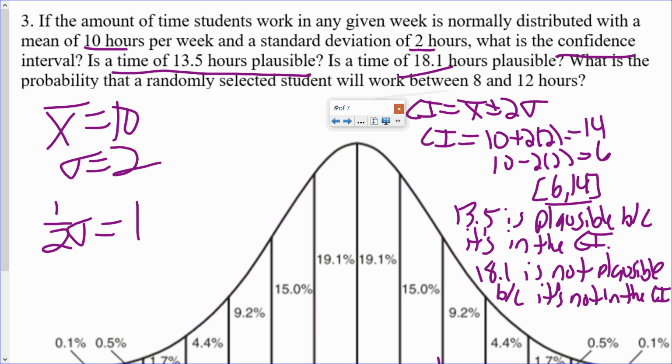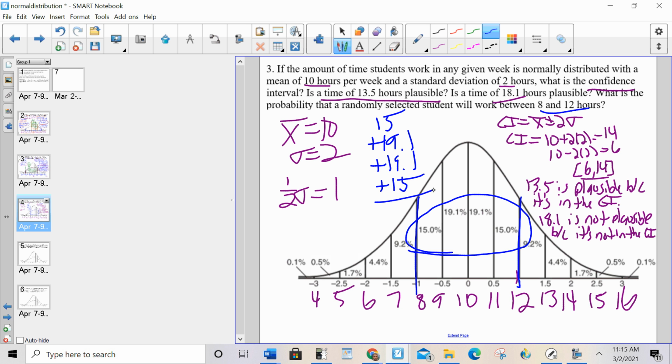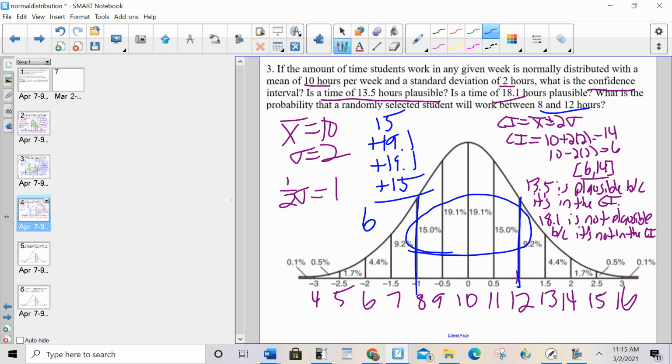The final question, what is the probability that a randomly selected student will work between 8 and 12 hours? 8, 12, add all the percents in between, 15 plus 19.1 plus 19.1 plus 15 is 68.2%.